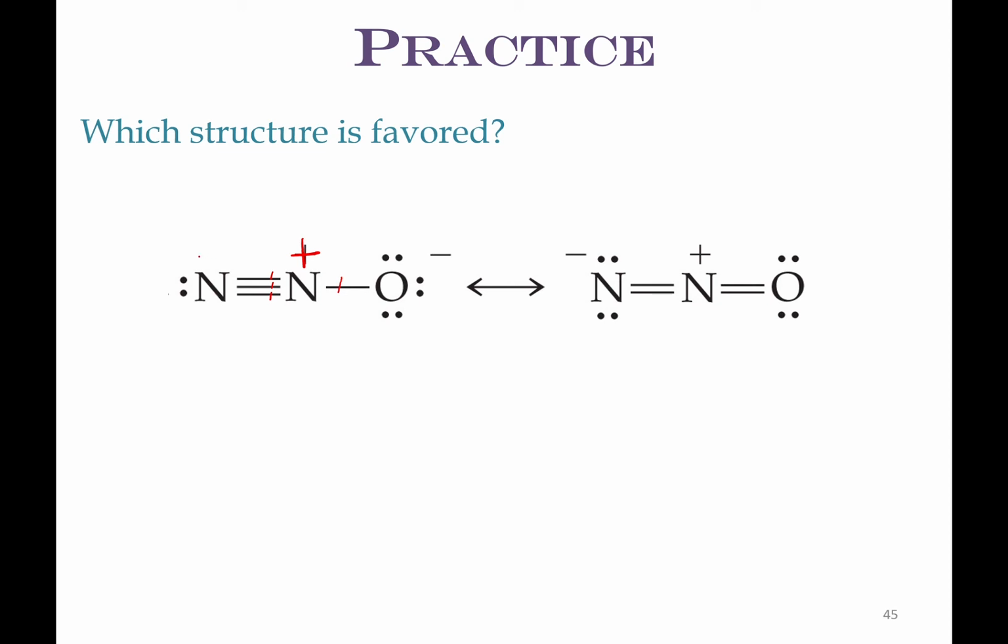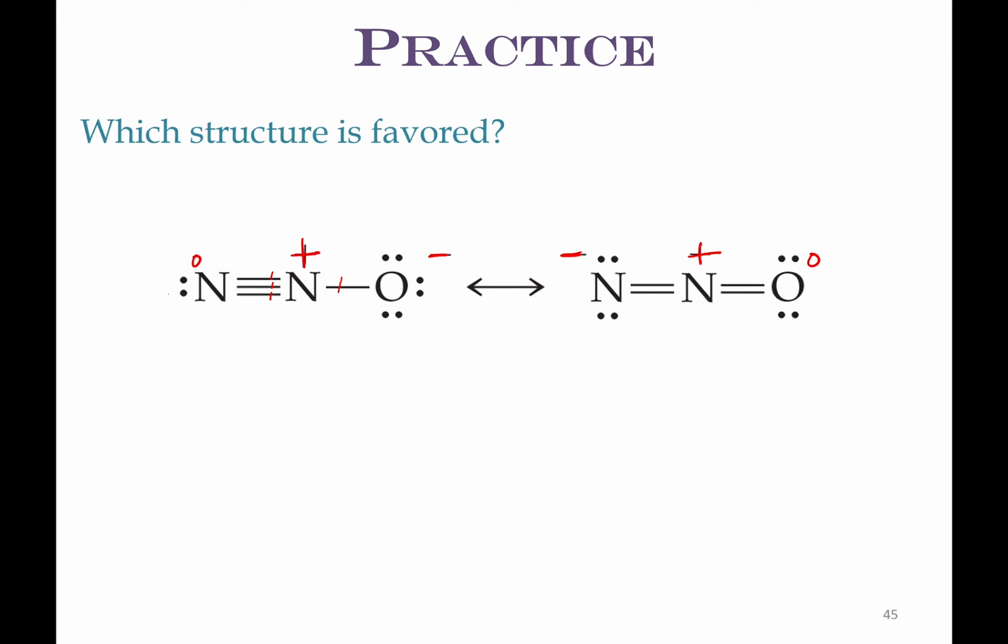This nitrogen has a 0 formal charge, and oxygen would like 2 bonds, but it has 1, so it's -1. This nitrogen would like to have 3 bonds, but it has 2, so it's -1. This nitrogen would like to have 3, but it has 4, so it's +1. Oxygen would like 2, and it has 2, so it's 0.